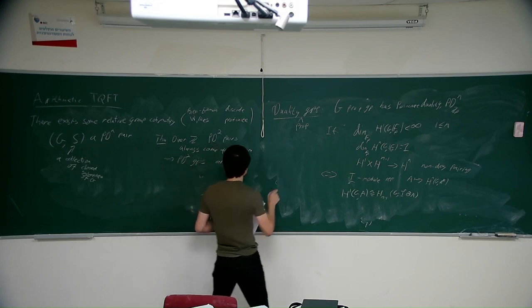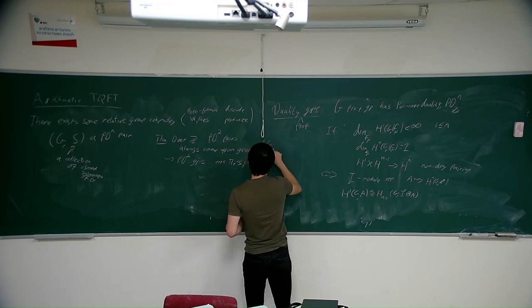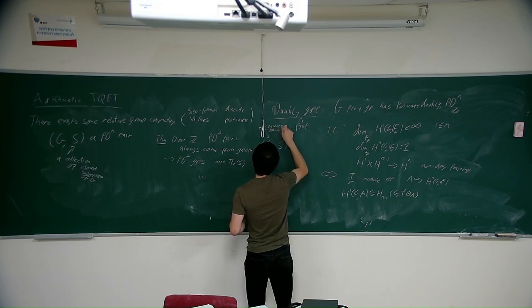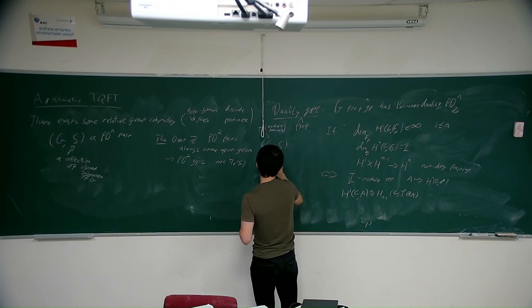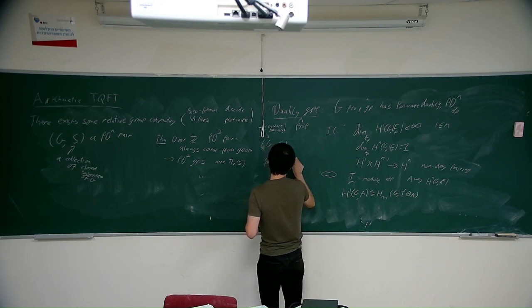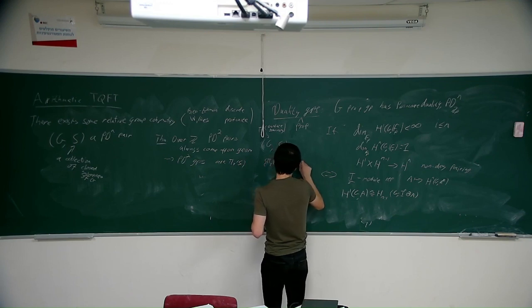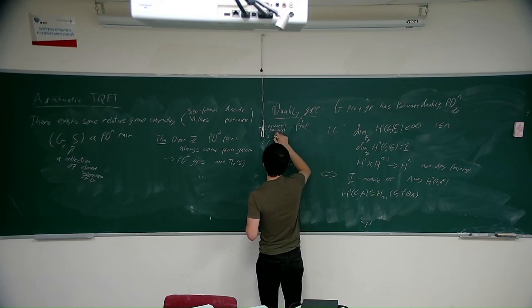And by come from geometry here, I mean that this is pi1 of some surface with boundary, and here S is the collection of the pi1s of connected components of the boundary of this manifold.